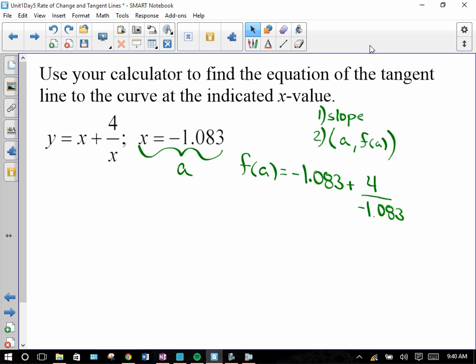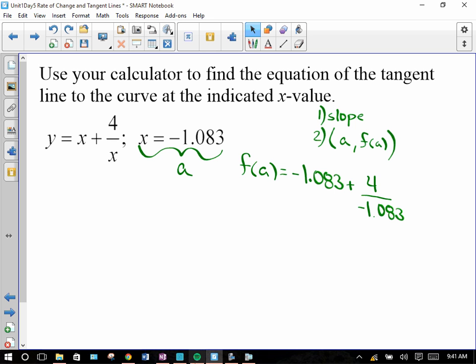So the first thing we need to do is find our slope. I don't want to have to find the slope of this by hand. Let me rephrase: I don't want to do this slope using limits. So I can use my calculator to find the slope.